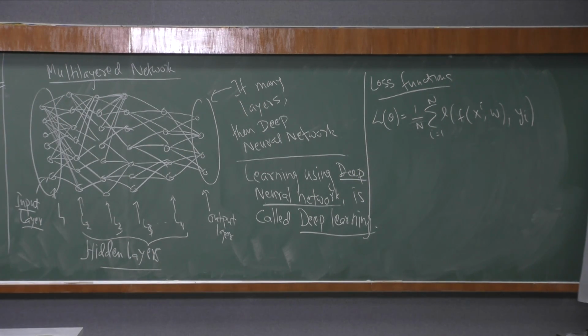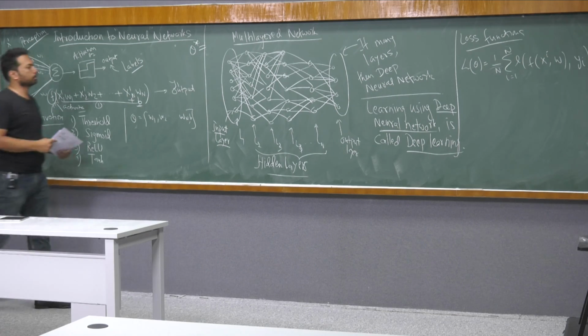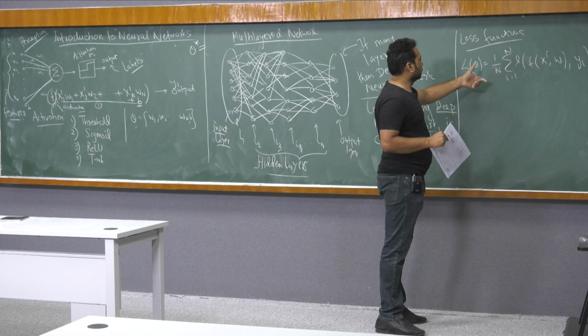And here the f function that I have written, now I write this as f of x_i comma w, meaning this f does the linear combination first inside. So now I have to replace this f by a generic f that does the linear combination and then applies the activation as well.